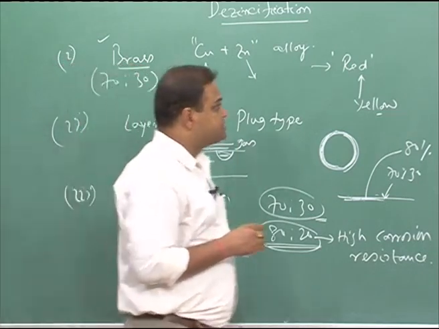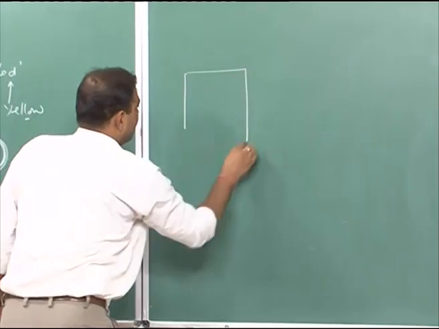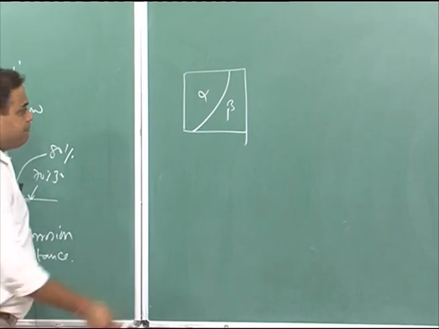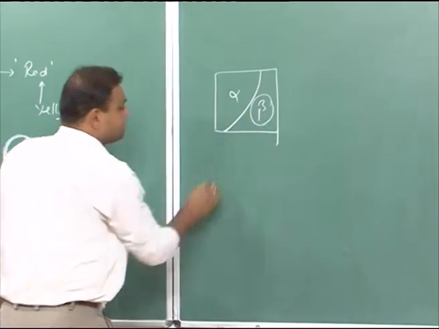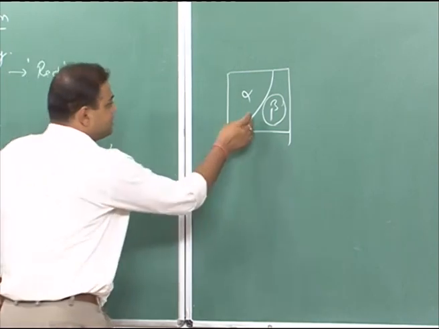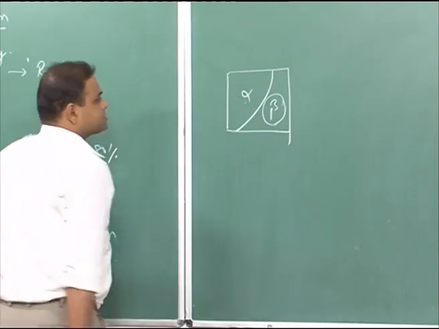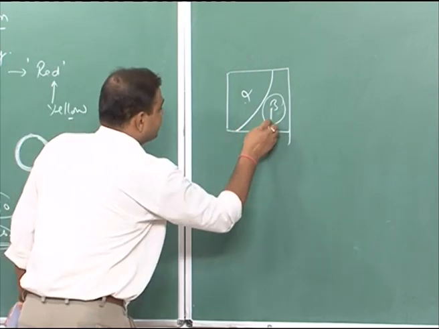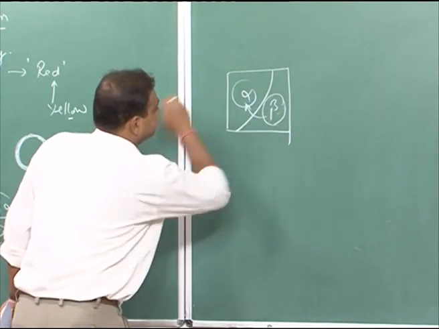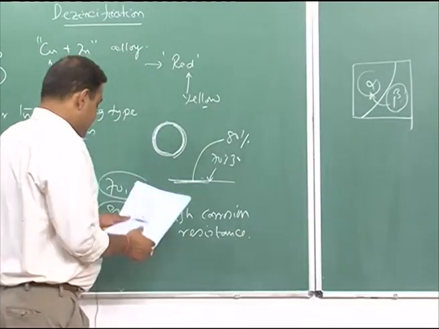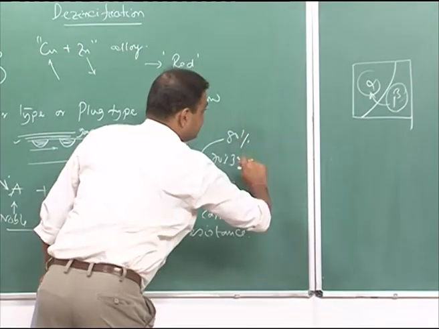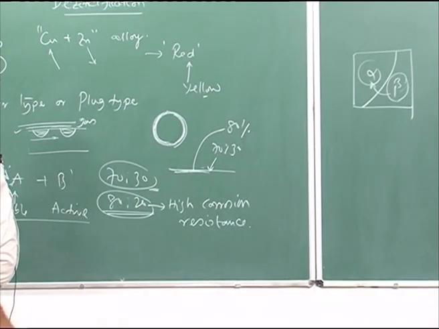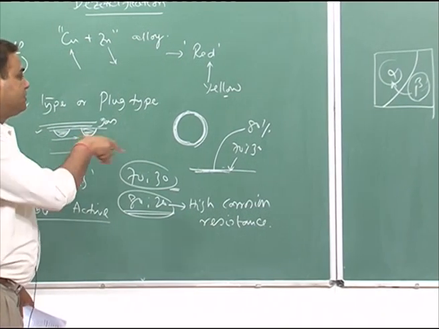And if you have a mixture of alpha phase and beta phase, then de-zincification starts in the beta phase, and this beta and alpha also constitute a galvanic cell, and it starts from here and then extends to the alpha phase. This is one observation that is generally common in case of brass with higher zinc content, if it has beta phase in the alpha matrix.